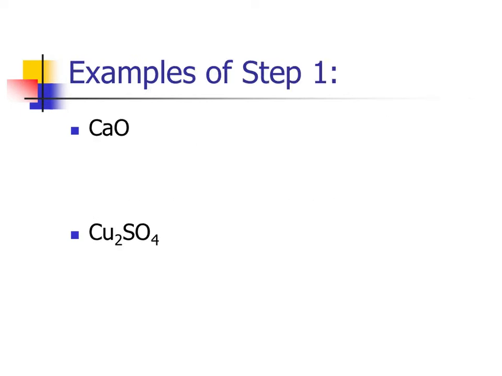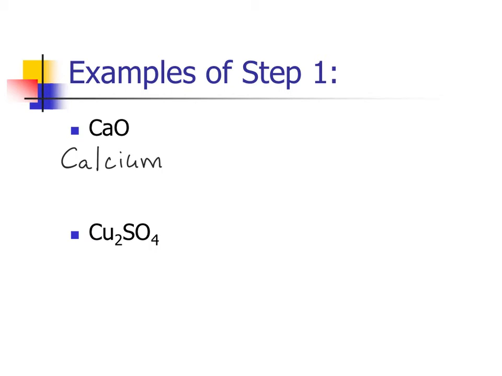So what does the first step look like? It's pretty simple, as we have already explored: for calcium oxide, or CaO, we would name the first element first. So, calcium. Again, we are only going to look at the first step.